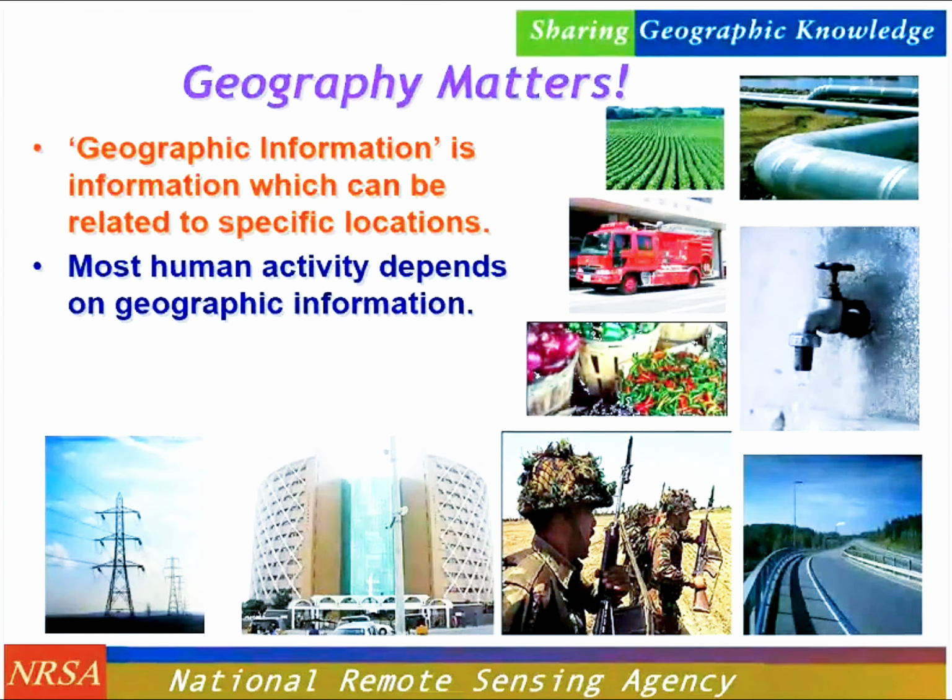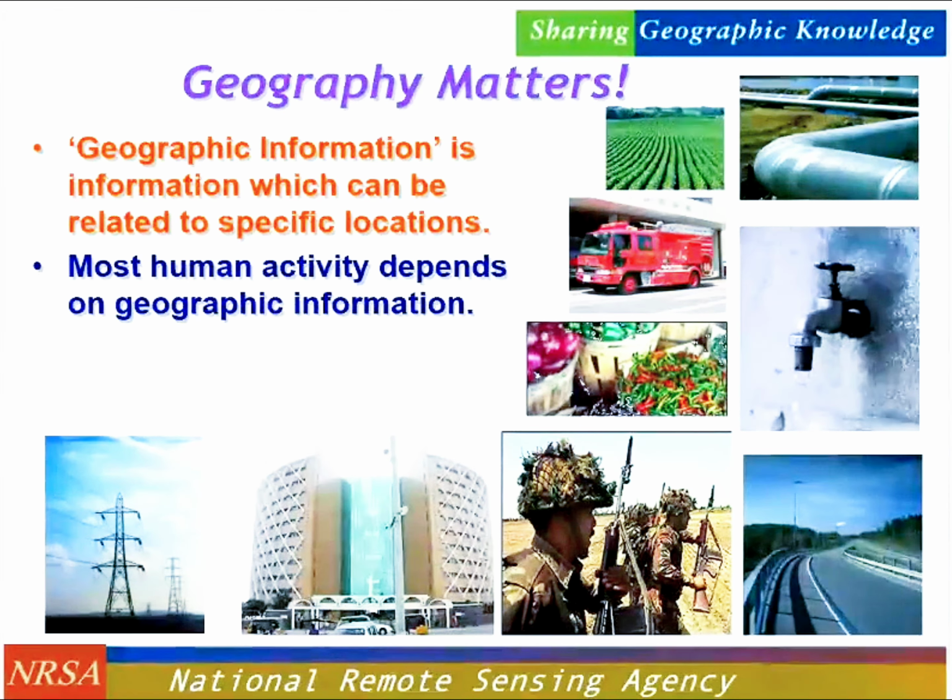There are two types of location, right? The first one is the absolute location, and the second one is the relative location, right? The absolute location and the relative location. But location is the matter of geography.